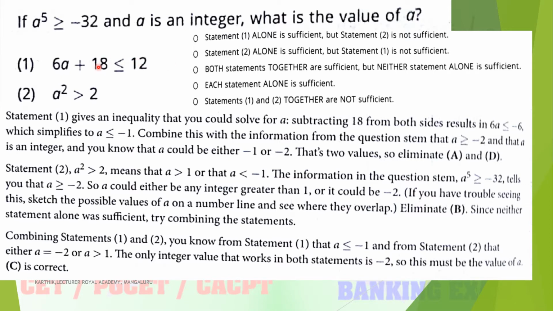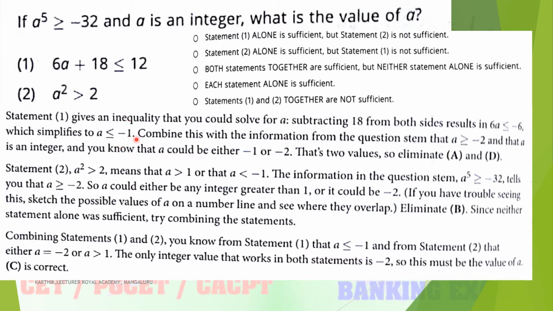Once it moves from the left side to the right side, the plus sign changes to a minus sign. So 12 minus 18, what result do you get? 6a is less than or equal to minus 6, which simplifies so that a is less than or equal to -1. So the first statement tells that a is less than or equal to -1.